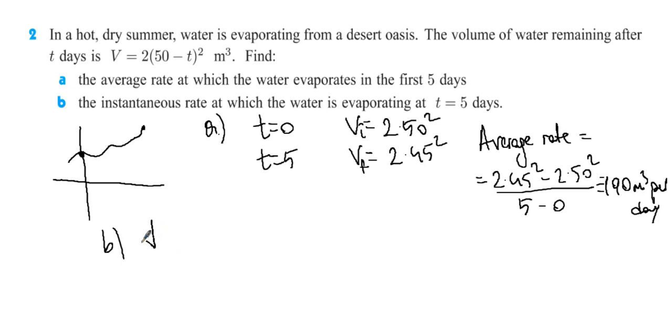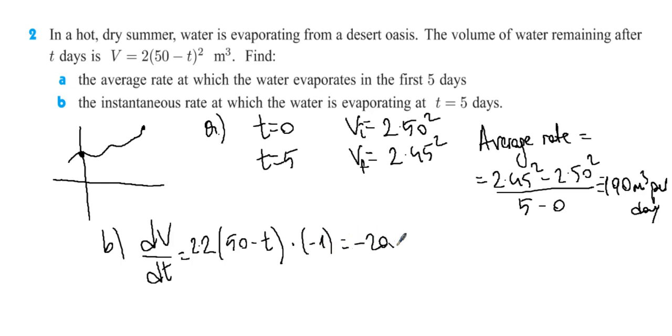So what do we need to do? We need to differentiate the volume with respect to time. So it will be 2 times 2 times 50 minus t. Let's do it directly. We use the chain rule, times minus 1. So the result will be minus 200 plus 4t.